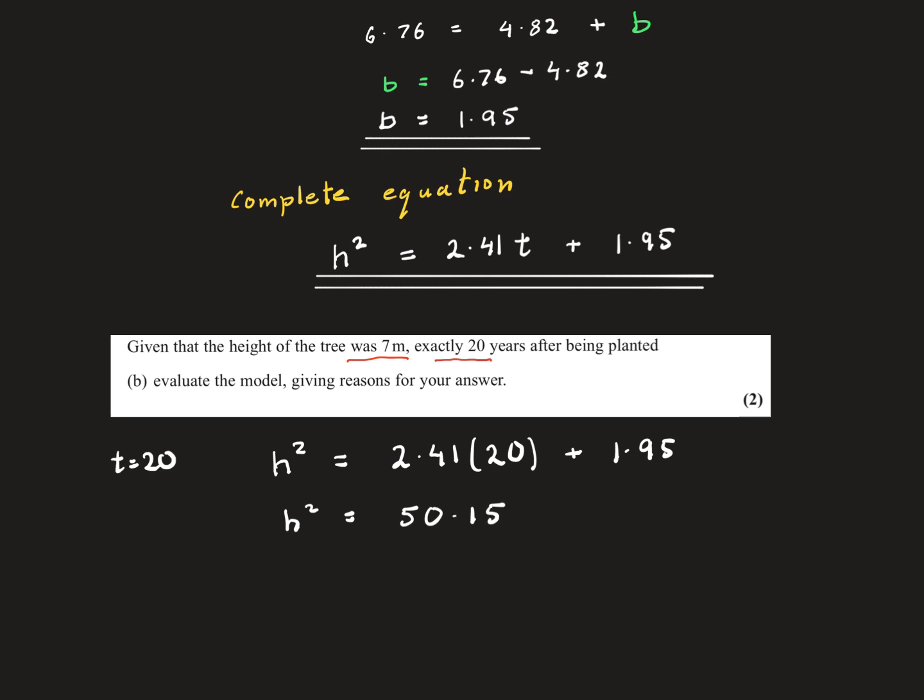Now we need to root this, and we only take the positive number because height is always positive, and that is going to be 7.08 meters. Now when you're measuring height of trees, I think that that is fairly accurate. I would say that it's very close to 7, so that model seems to be accurate.